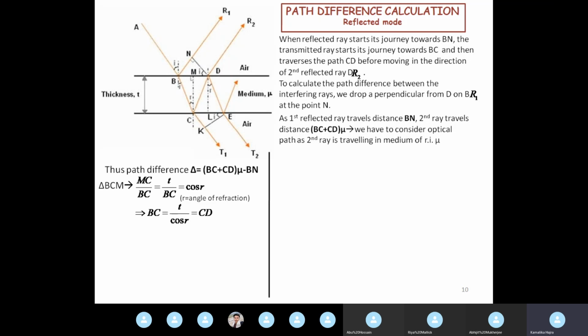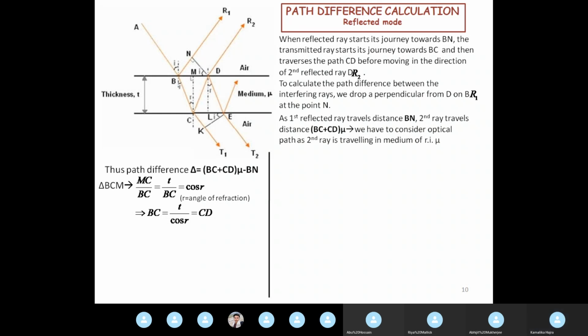That's our job. Now we are simply going to apply some trigonometry. We take a look at triangle BCM over here. Everybody can see it's a right angle triangle, and MC by BC, which is T by BC, because MC is basically the thickness of the film, is equal to cos R, where R is of course the angle of refraction.